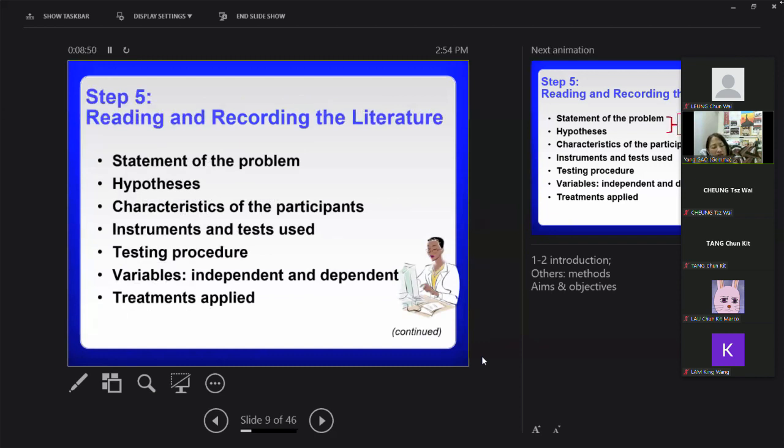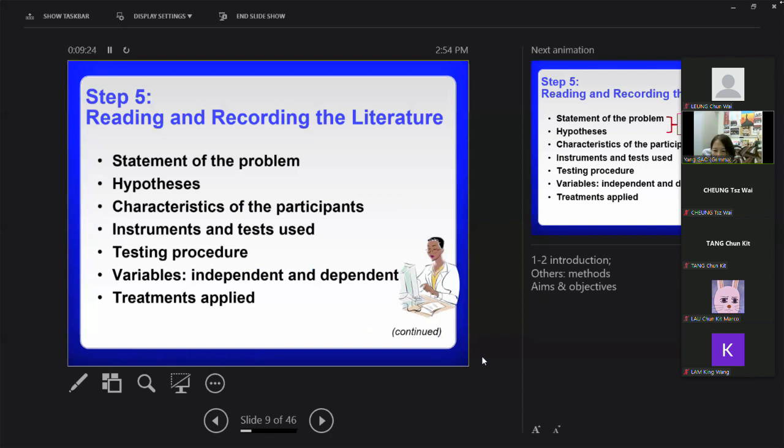So I may further explain a little bit about step 5. That means how to read and how to record the articles. Usually you should look at the research problem of the study, and the study hypothesis. You also need to read carefully about the participants. What are the characteristics?